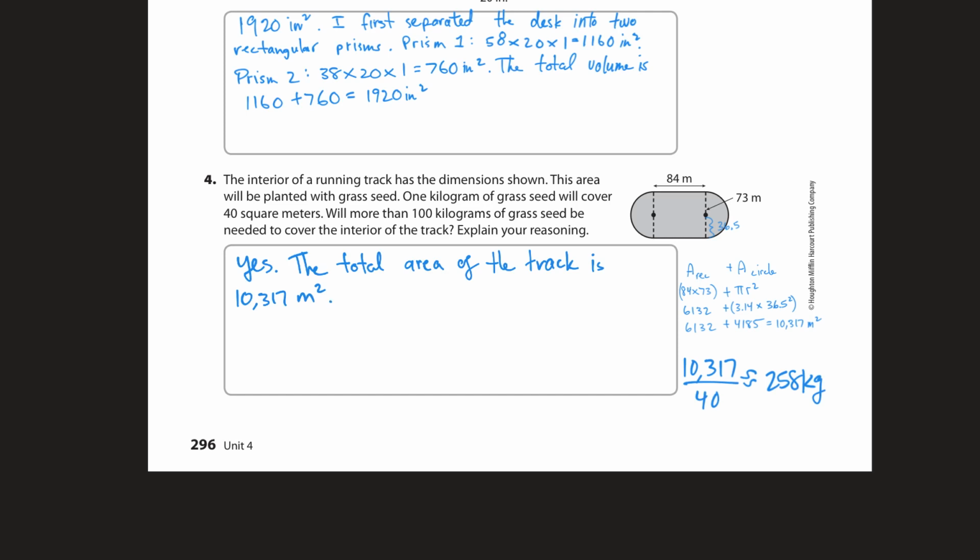And the amount of grass needed is 258 kilograms. And there you go.